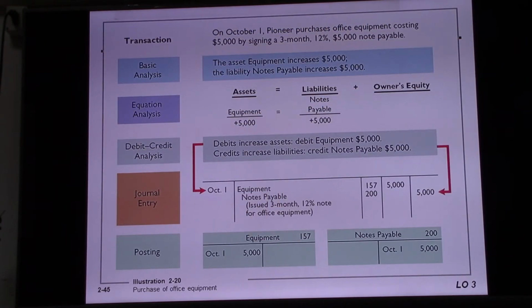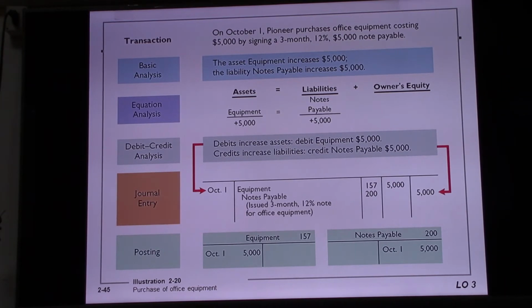The second transaction on October 1st: Pioneer purchases office equipment costing $5,000 by signing a 3-month, 12%, $5,000 note payable. Again, you should do the basic analysis, how this transaction affected the accounting equation. We purchase equipment, we purchase an asset, so our assets item will increase by $5,000.